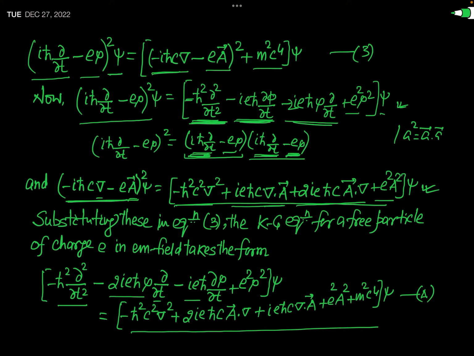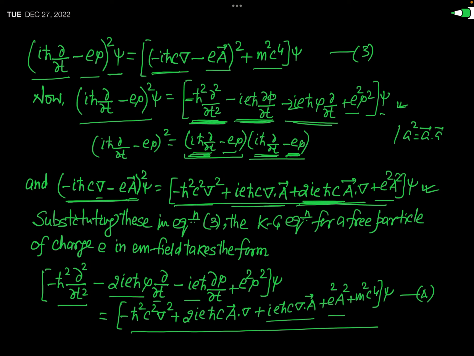I have just repeated this term here. As you can see, this is minus h bar square c square del square, plus this term has been written first. You can see it here: 2 i e h bar c a dot del, and plus i e h bar c del dot a, plus e square a square.